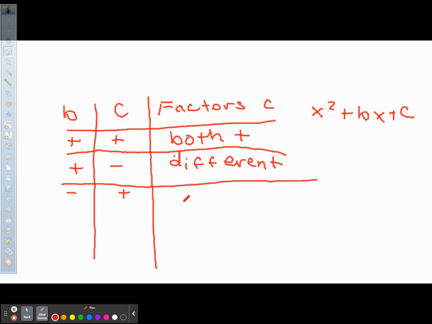If you multiply a negative and a positive, it would give you a negative C, not a positive C. Mine was both negative, -4, -7. So they're both negative. Anytime B is negative and C is positive, your factors are going to both be negative.